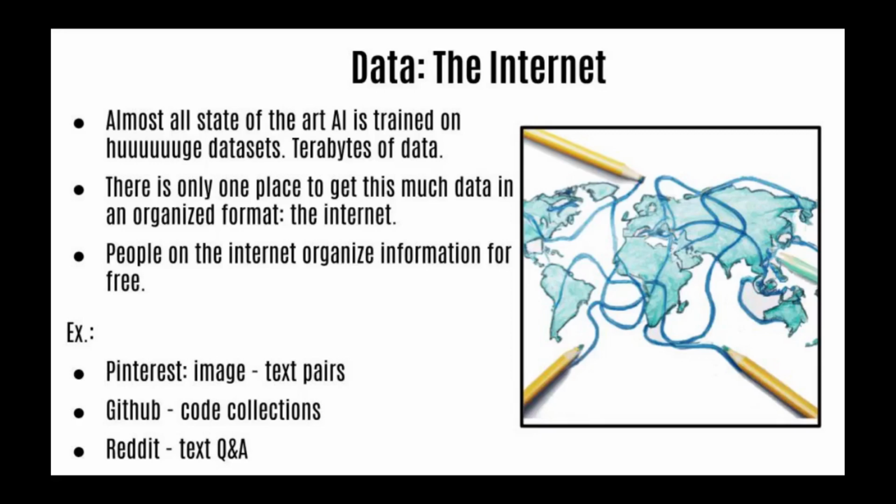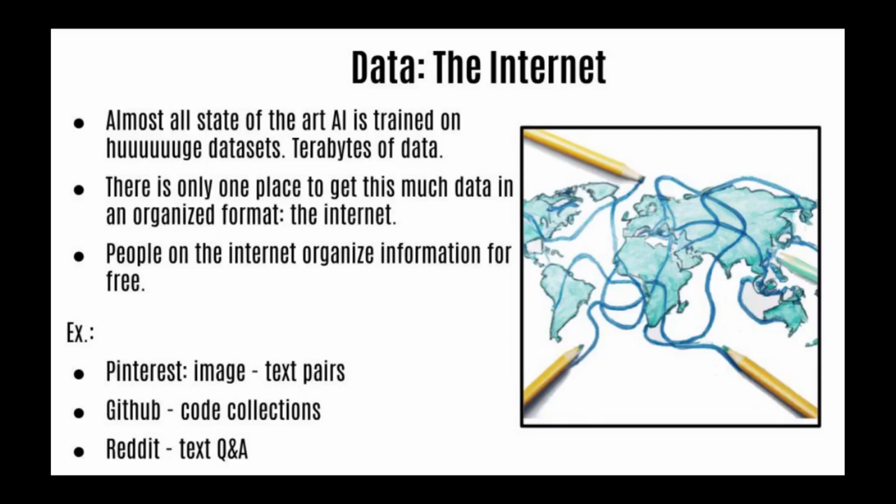And there's only one place to get this much data in an organized format, and that's the internet. Anytime you're on the internet contributing data, you're organizing information for free. And so all of these models take all of that human activity and compress it down.